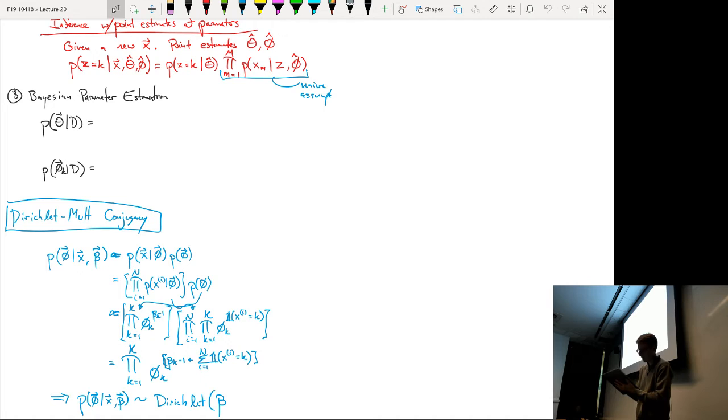It's beta plus some count vector n, where the kth entry in n is the number of times that some xi was equal to k.